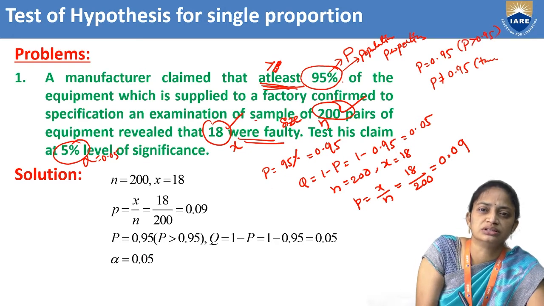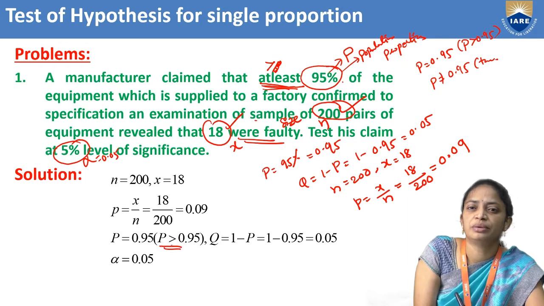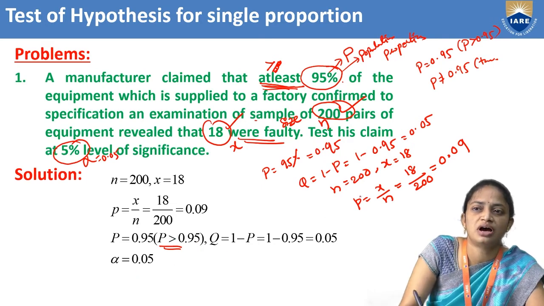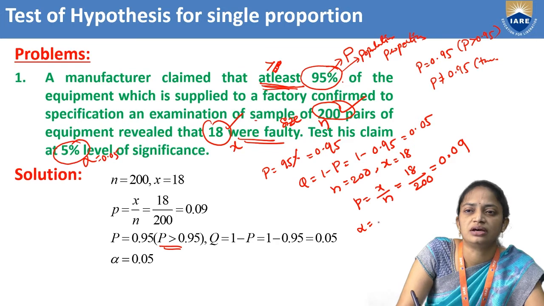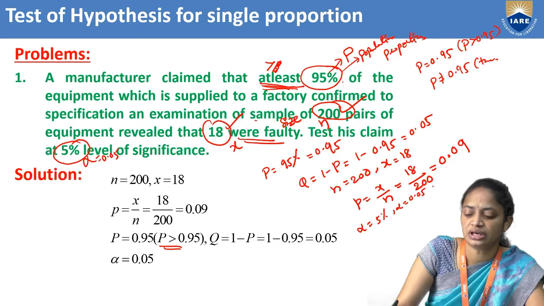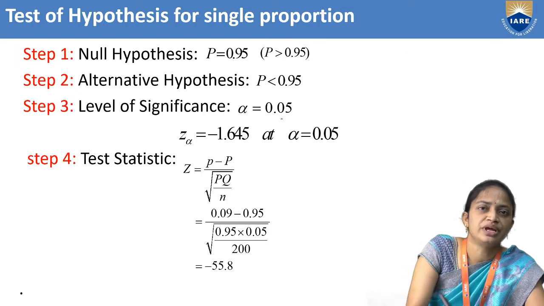In the question they have given P greater than 0.95, that is 95 percentage. And what about alpha? Alpha they have given as 5%. That means the alpha value is 0.05. Okay, clear? So next one.